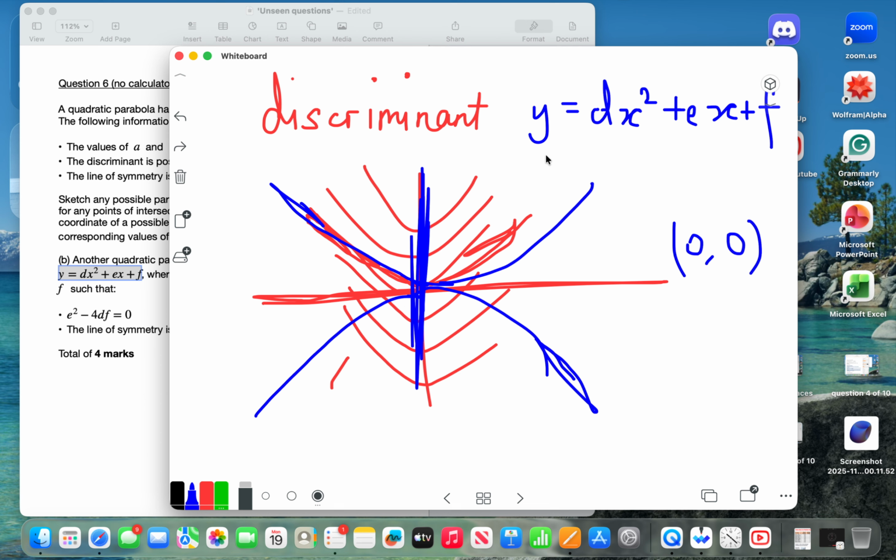We put 0 in here, that becomes 0, that is 0, so f must be 0, and that is 1 mark if you write down f equals 0.